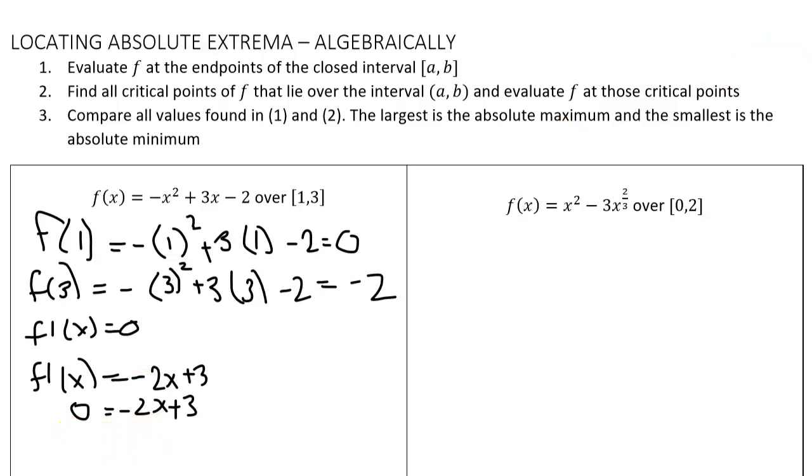I'm just changing my mind here. Add 2x, and x equals 1.5. Now evaluate f of 1.5. Again, use a calculator to make sure that you're not doing anything silly with your calculations.